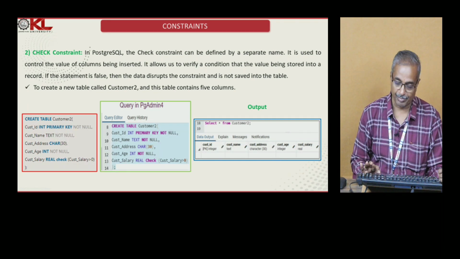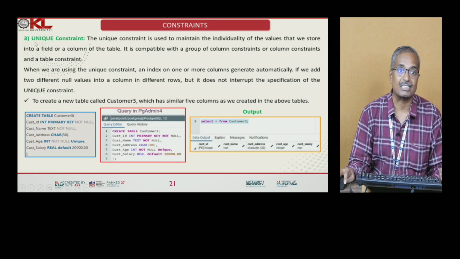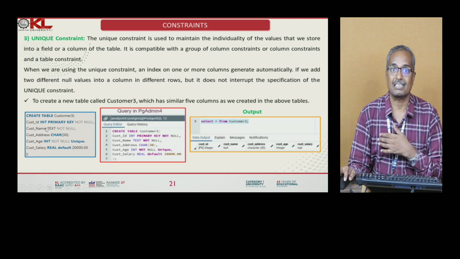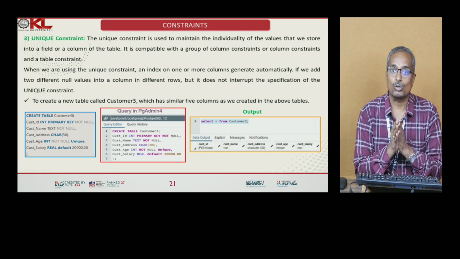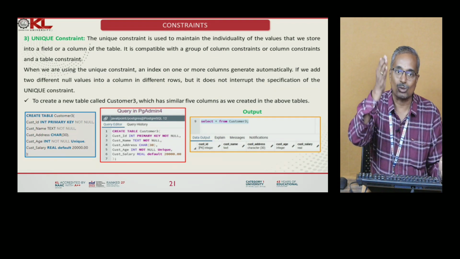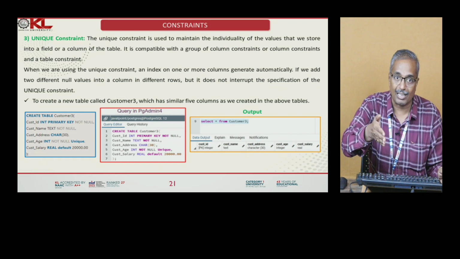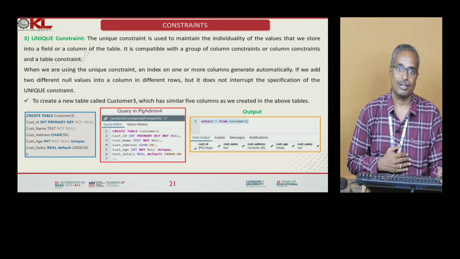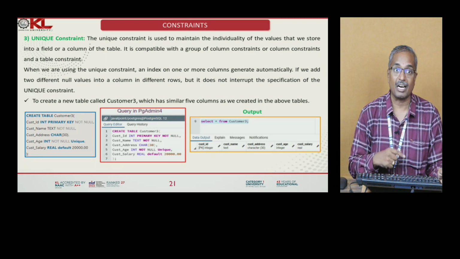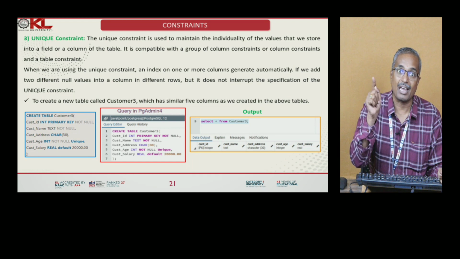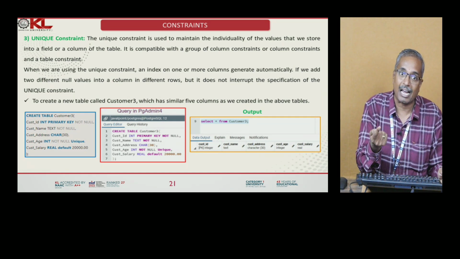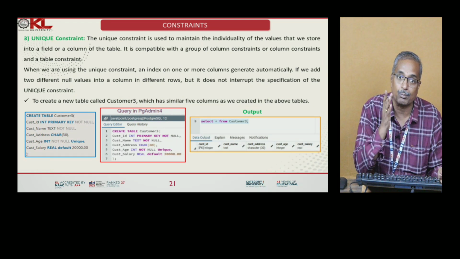The next one, unique constraint. Unique is nothing but to maintain individuality of values. We are storing the values in the database table. A student register number should not be repeated multiple times, an employee ID cannot be repeated multiple times, and a customer ID also cannot be repeated multiple times.